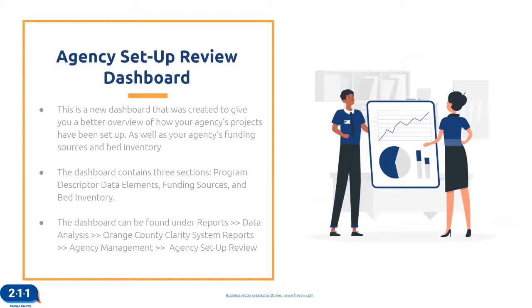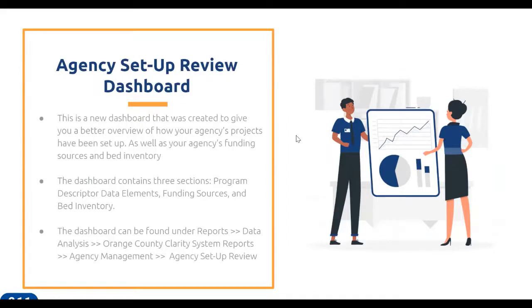The dashboard contains 3 sections: program descriptor data elements, funding sources, and bed inventory. The dashboard can be found under Reports, Data Analysis, Orange County Clarity System Reports, Agency Management, and that's where the report will be located. Next slide, please.